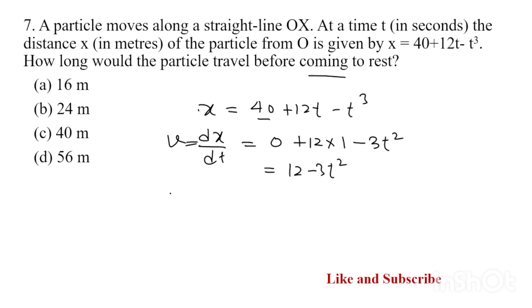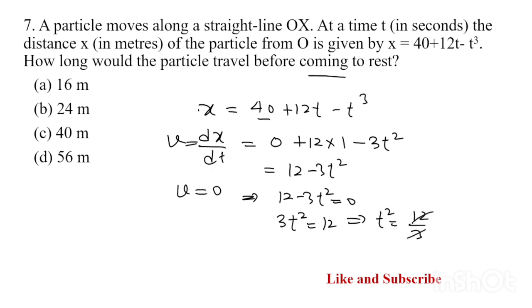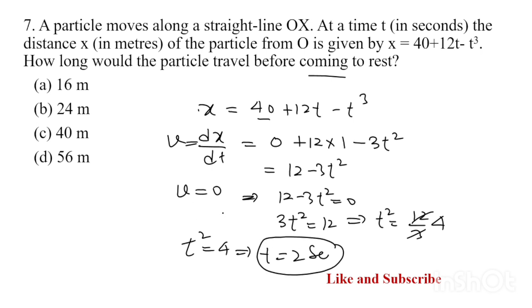Before coming to rest, it means v equal to 0. Therefore 12 minus 3t square equal to 0 or 3t square equal to 12. This implies t square equal to 12 upon 3, this 4. And t square equal to 4, we take the square root, then t equal to 2 second. And time is t equal to 2 second.